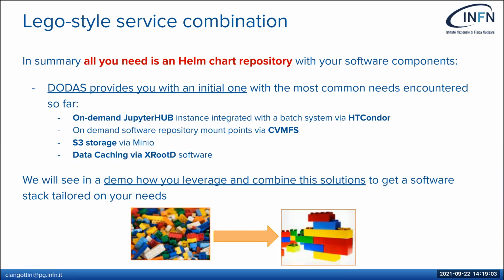So the demo will heavily focus on understanding how you can leverage the graphical UI to combine these solutions together to get something that is really tailored to your needs.